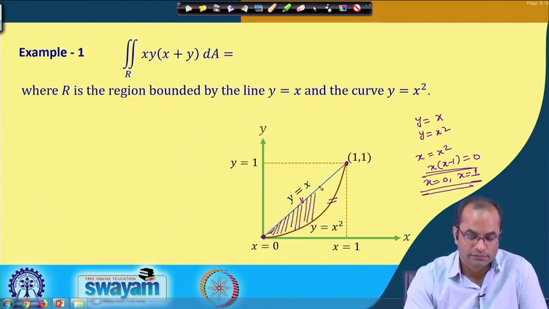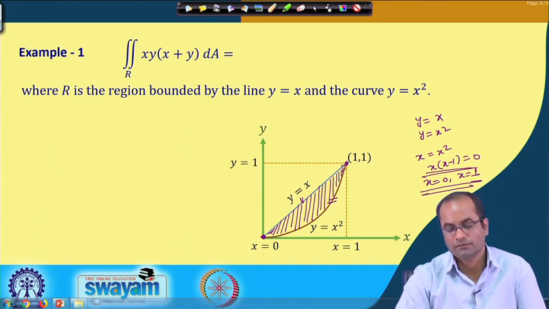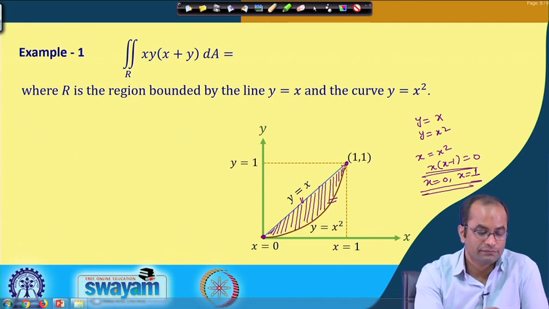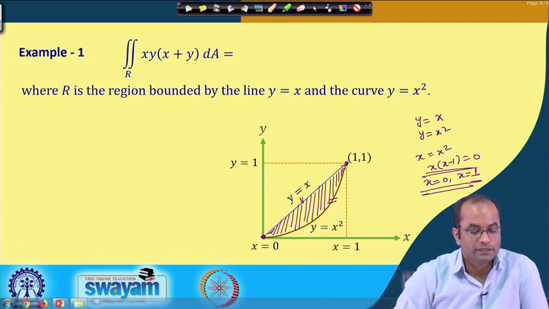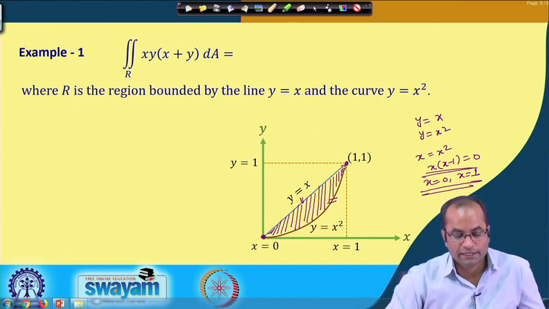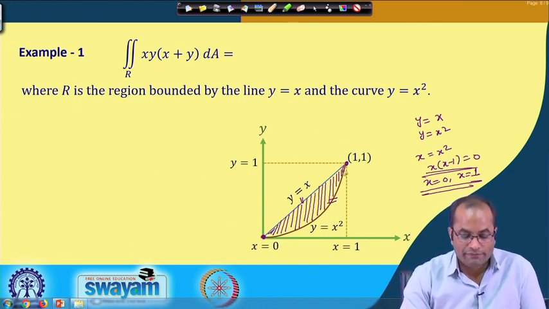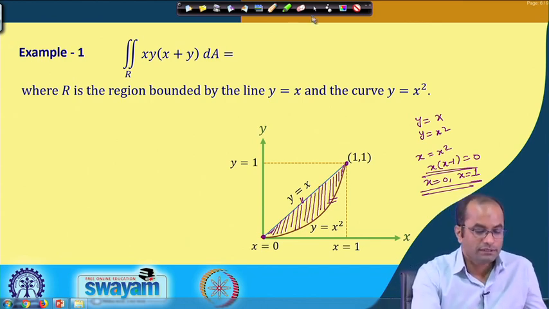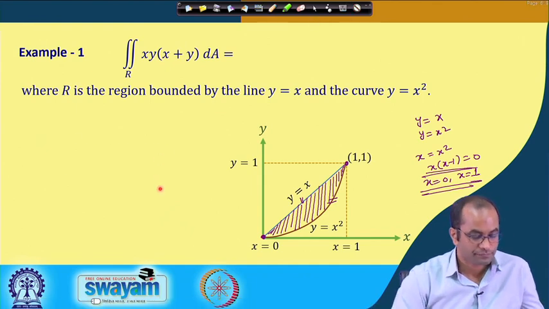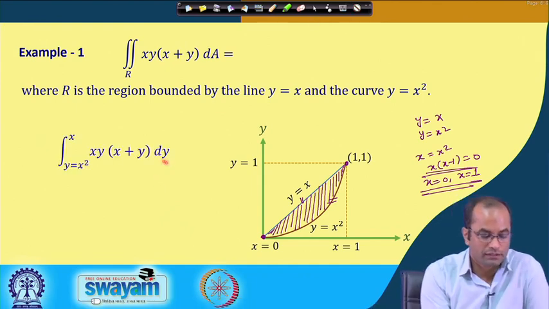Over this region of integration, we will now integrate the given function, x y multiplied by x plus y, dA. Having this, we now have the possibility that we first take the integral with respect to y.